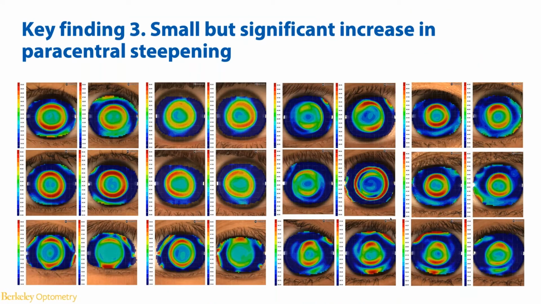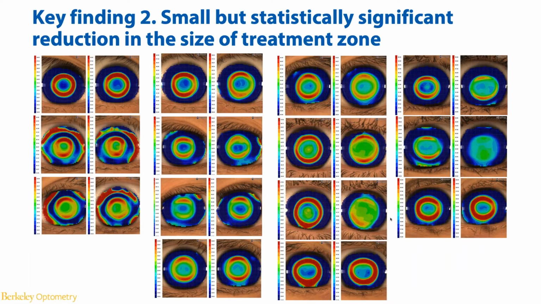I'm not selectively showing you some differences; I'm showing you all of the eyes that participated in the study. Even though the difference is pretty subtle, if we compare the size of the treatment zone on a tangential display, on average we see about a 0.2 millimeter smaller treatment zone with the 5mm OZ design compared to a 6mm OZ control.